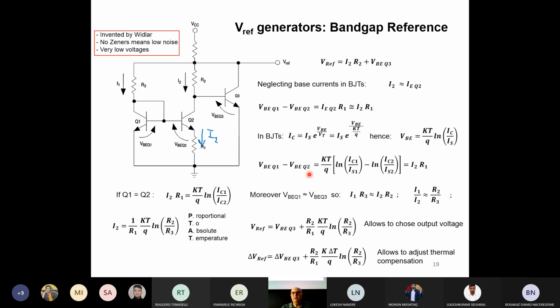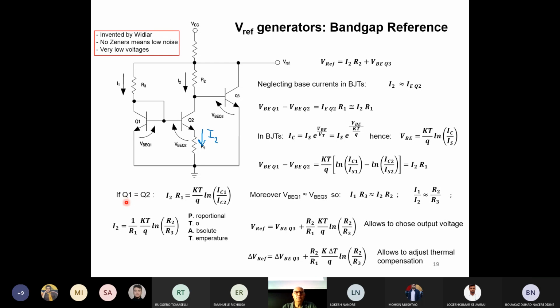All that difference should be equal to I2 R1. Now I can simplify this expression a bit. First of all, the difference between two logarithms is actually the logarithm of the ratio between the two arguments.